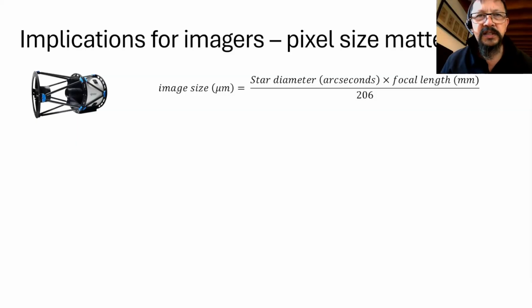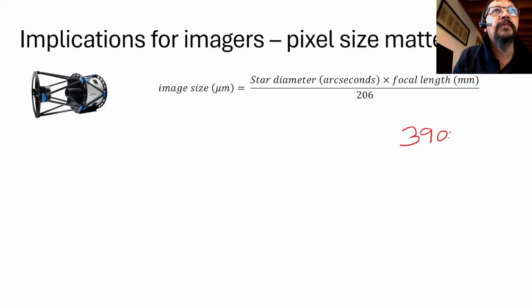This is a CDK24. The CDK24 telescope has a focal length of 3,900 millimeters. 4 times my little GSO telescope. Because it's a fairly good telescope, I'm going to put it up on a mountain, and let's assume that we can get 1.5 arc second stars.